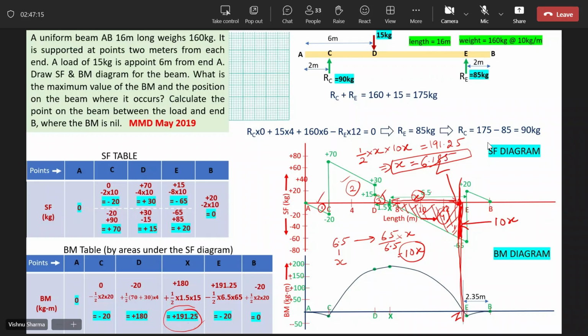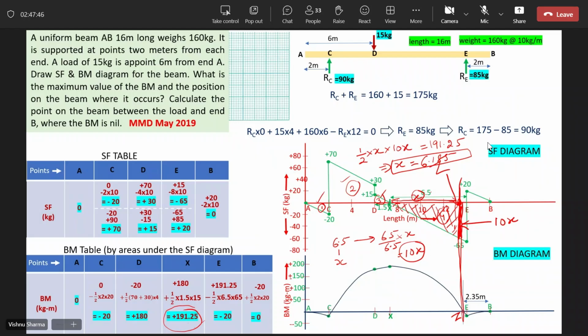So now you can give that distance, because now you know from end A the distance will be the distance up to X plus this 6.185, or you can subtract it from 6.5 and give the position. So basically, where will the BM be 0? It is at a distance of 6.185 meters from X. From this point, somewhere here, the BM is becoming 0.